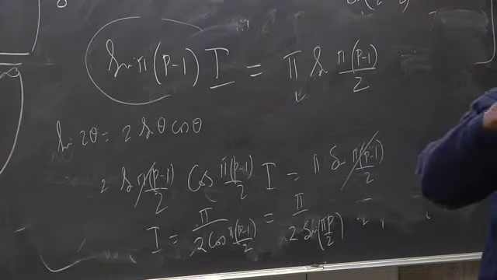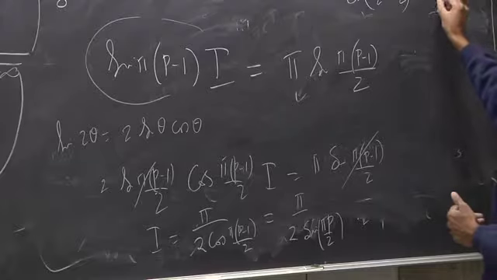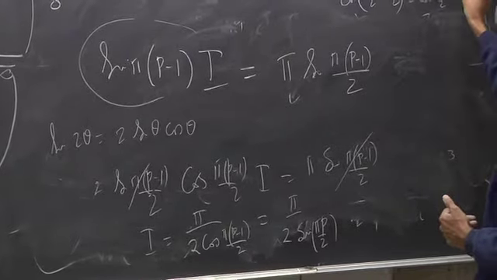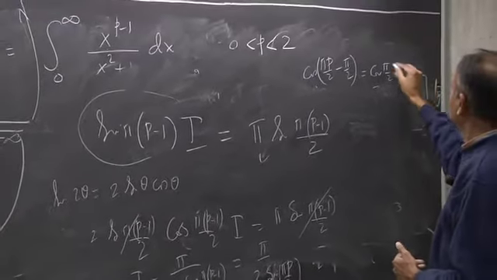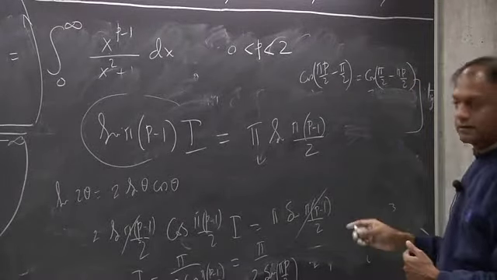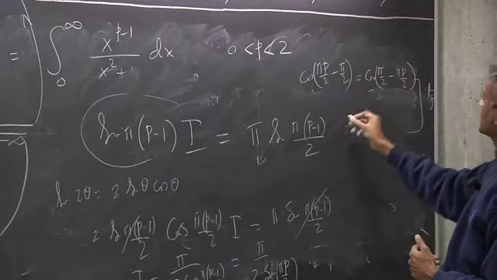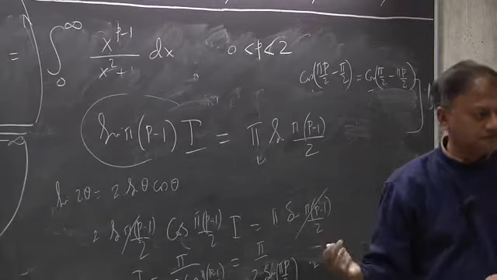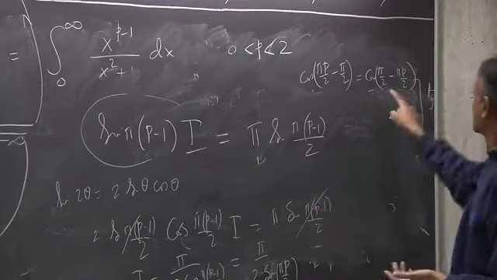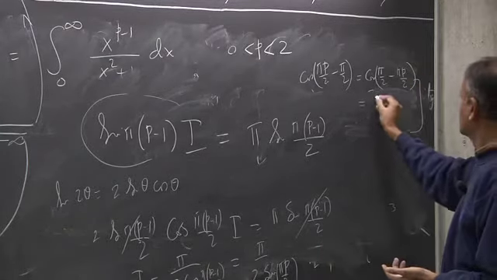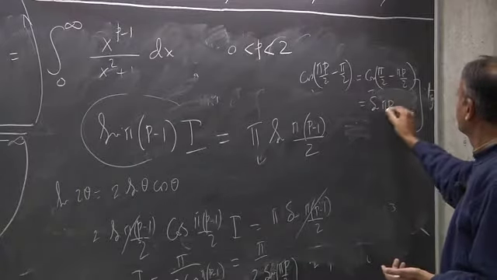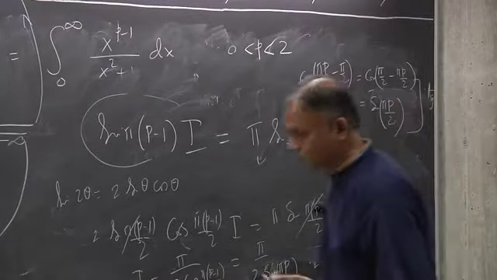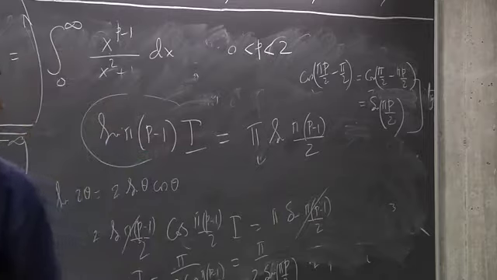So this is the same as cosine of pi by 2 minus pi p by 2. But then cosine of pi by 2 minus theta is sine of theta, right? So this is the same as sine of pi p by 2. Okay, so that proves this. So this is the final answer.